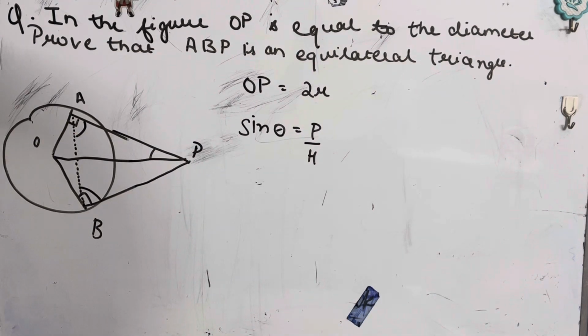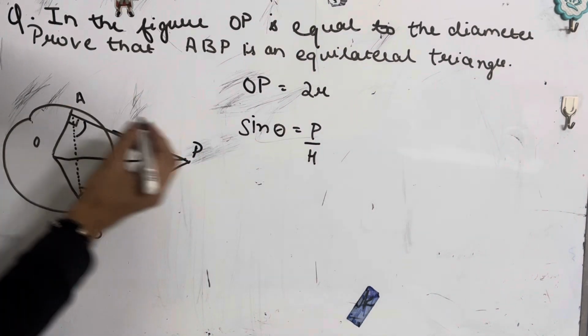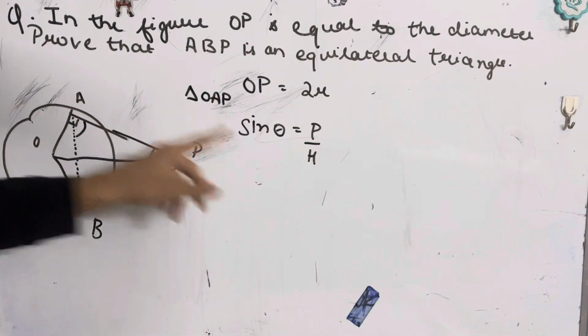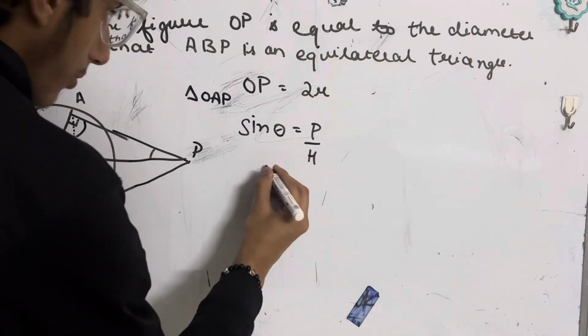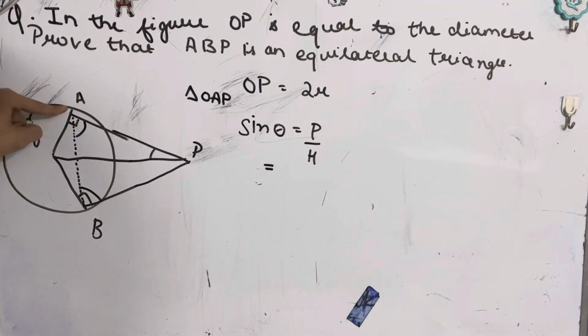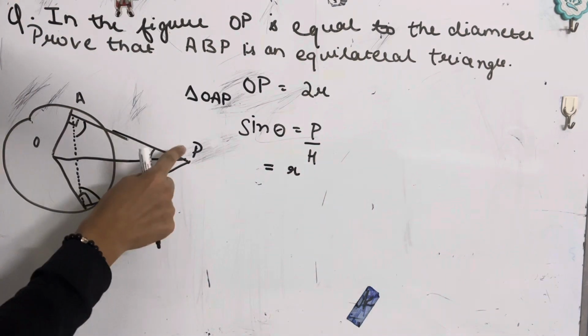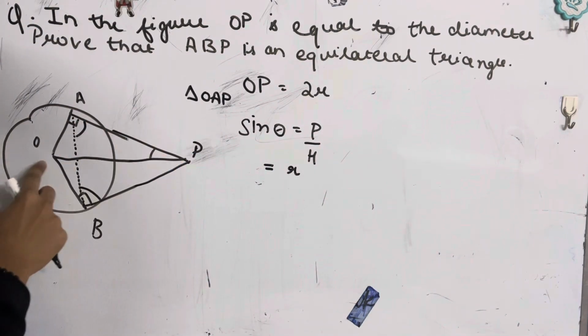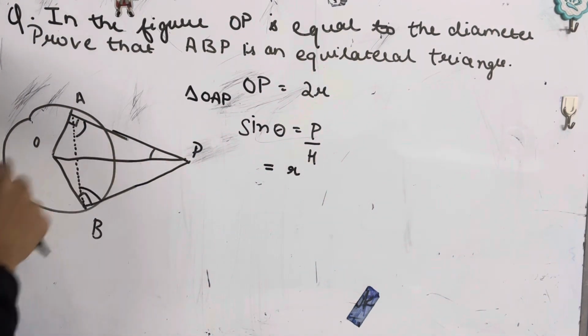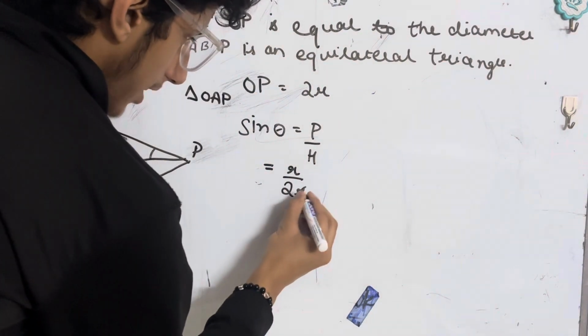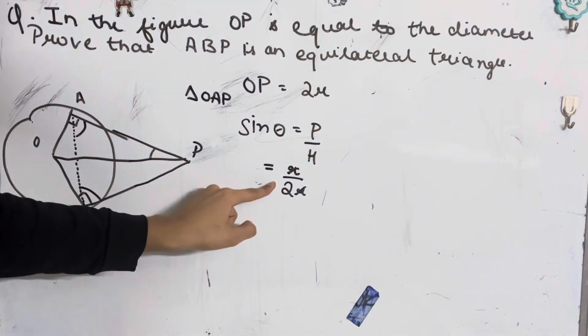Okay, so we start with the question. First of all, in triangle OAP, if we apply sin theta equal to perpendicular over hypotenuse, the perpendicular OA is equal to radius, and the hypotenuse is OP, and OP is equal to 2r, that is, the diameter. So we get the value of sin theta as 1/2.